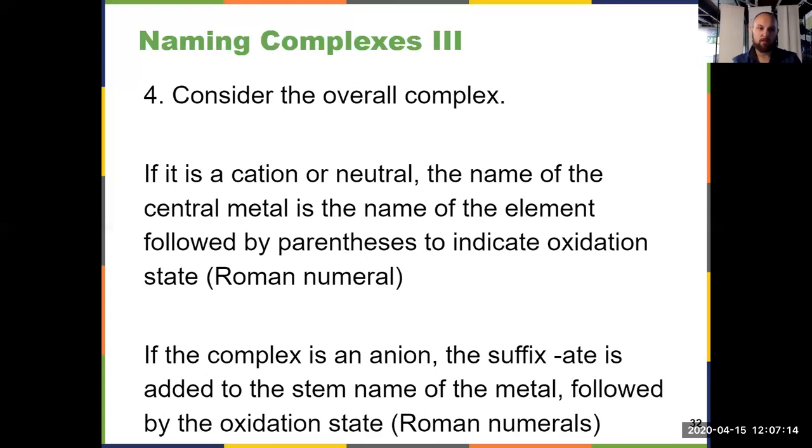And I do that with a Roman numeral, just like when we learned how to name ionic transition metal compounds in Chem 1. If it's anionic, then I add ATE to the end of the name, followed again by the oxidation state. So cationic or neutral, just leave it as it is. Anionic, it gets ATE.